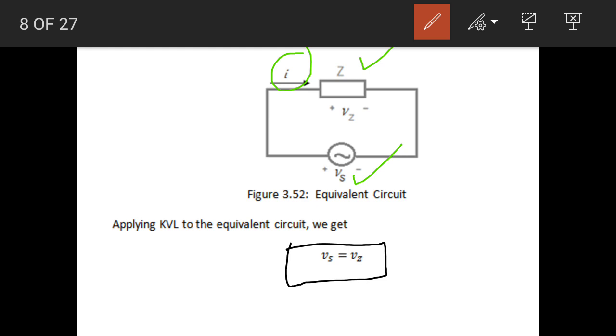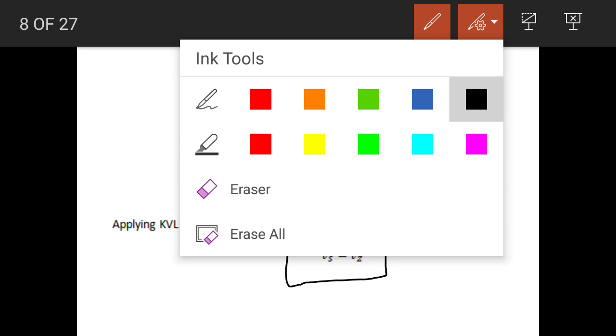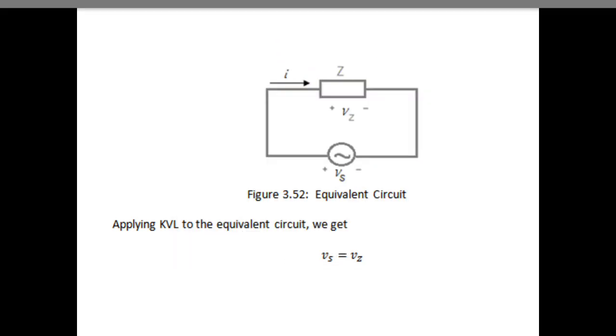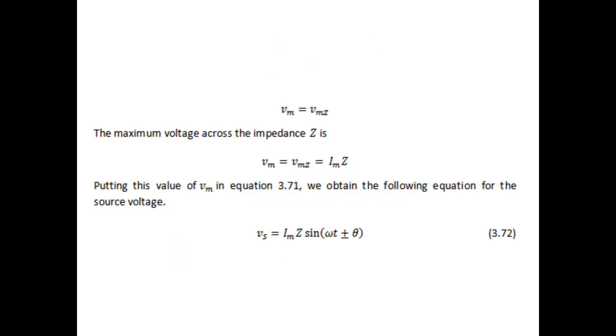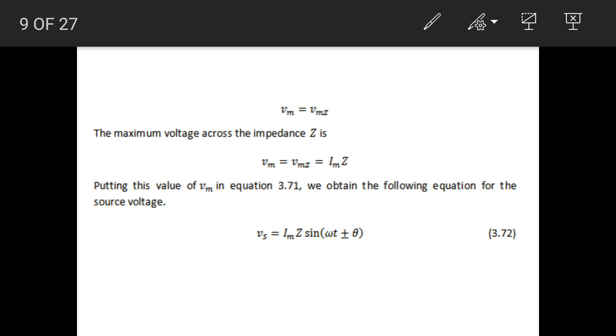It is equal to the voltage across this box. So the maximum value of the voltage across the source will be equal to the maximum value of the voltage across this single passive circuit element.